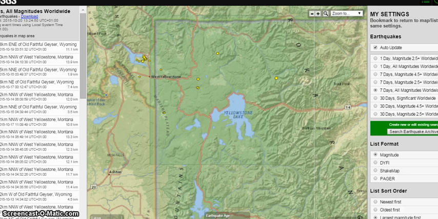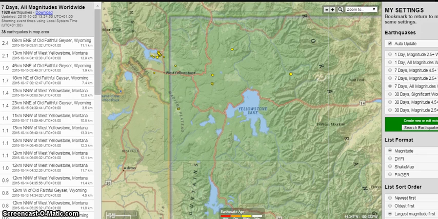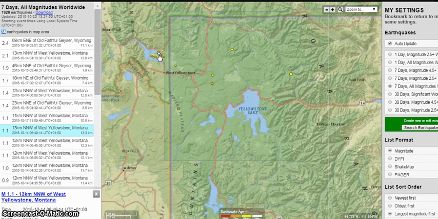Now, as for earthquakes, here we have a map, and these are the earthquakes for the last 7 days. As you can see, we have 38 in the past 7 days just within this area you can see on the screen right now. Obviously you can see a lot over here, and the Old Faithful Geyser down here, in this area, we've got 2.4.